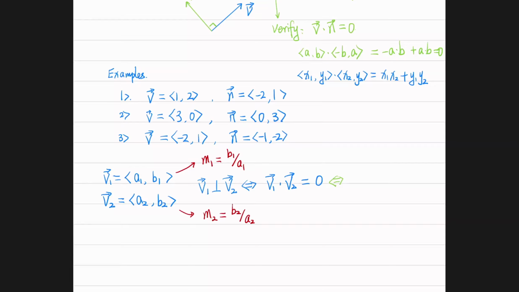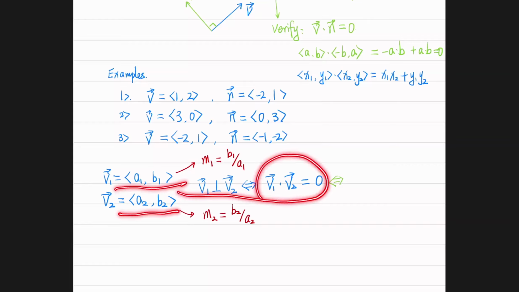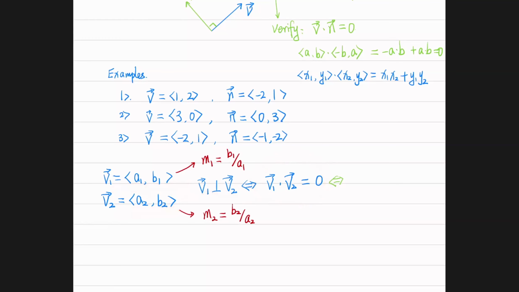Just use two random coordinates of v and n: V1, V2. Could I set a random integer for each one? No, just use A1, B1, A2, B2. When we do the dot product, I can copy the vector: it's plus.